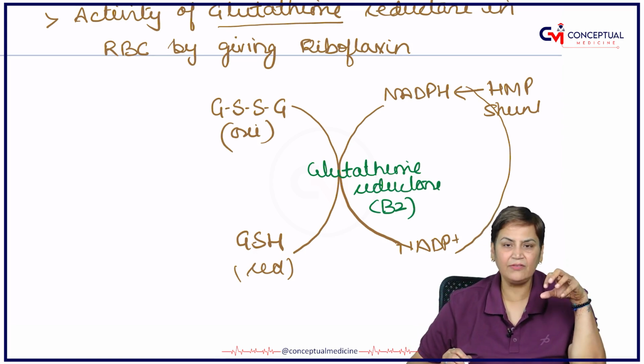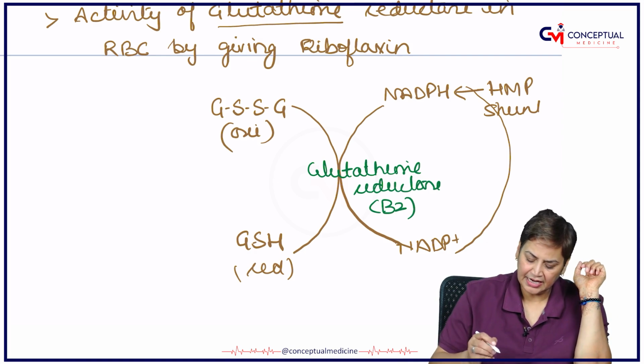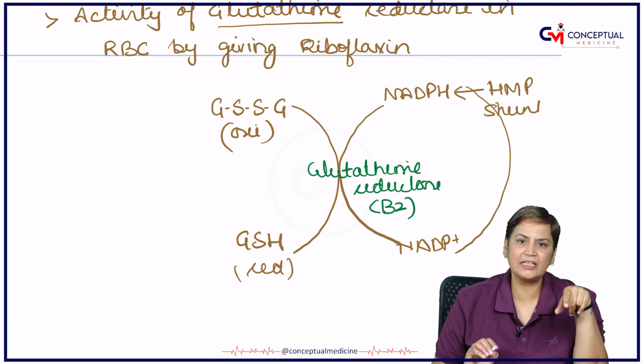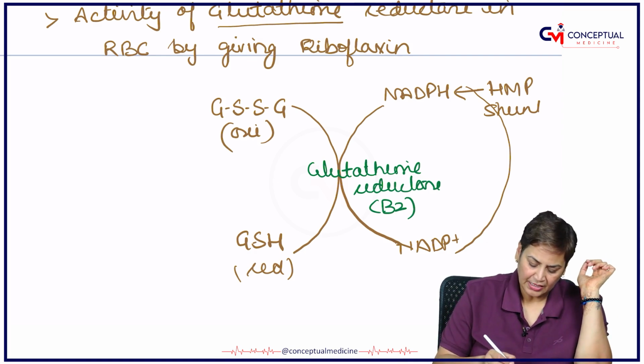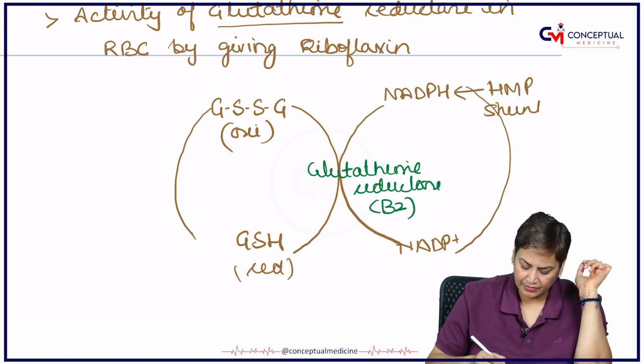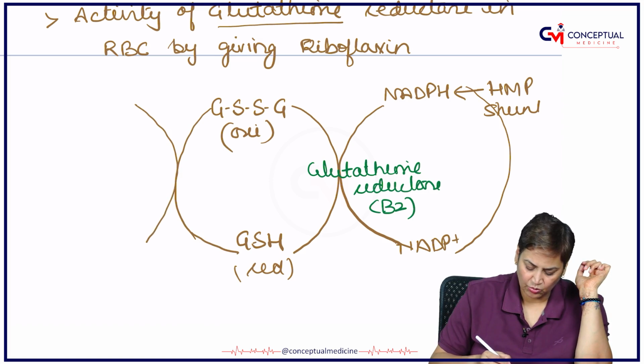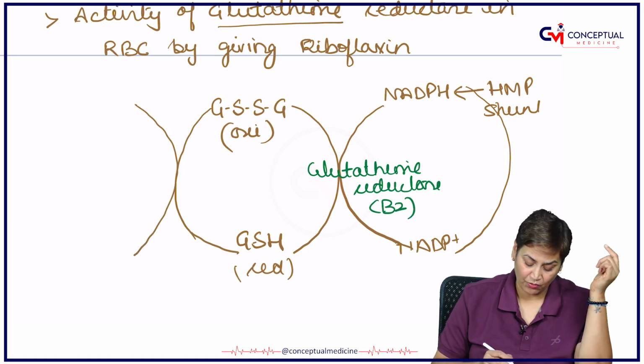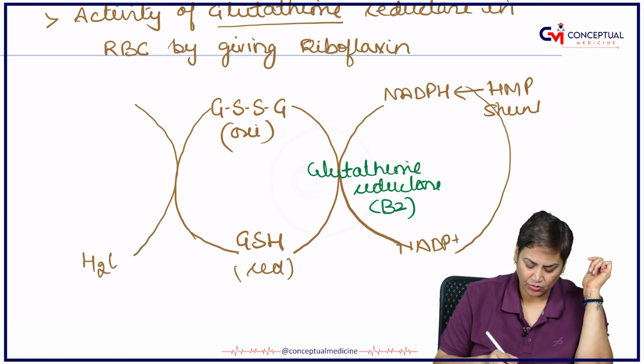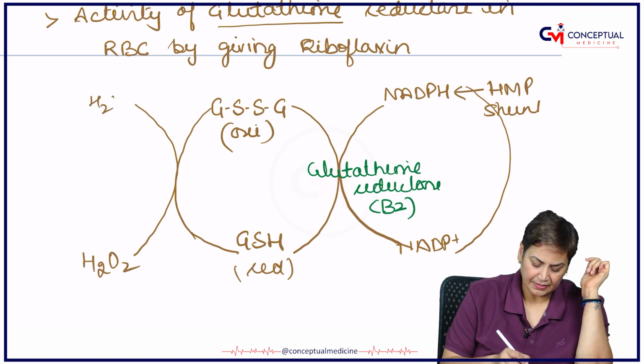So what is the significance of this reductase? It is simply converting oxidized glutathione to reduced form. Now what is the purpose of this? Whenever glutathione is in its reduced form, it will degrade hydrogen peroxide to water and half O2.